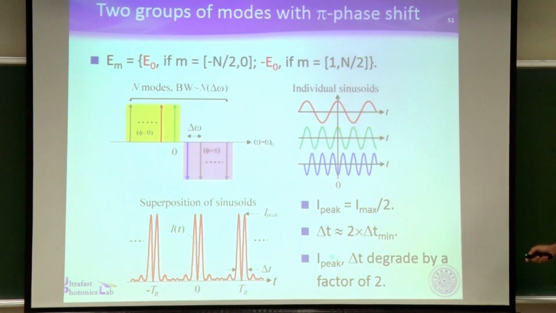So roughly speaking, both peak intensity and pulse duration degrade by a factor of 2 if you have two groups of phases. If you have only one group of phases, like the previous case, you get the best. And if you divide the phases into two groups, you degrade by a factor of 2. Okay?